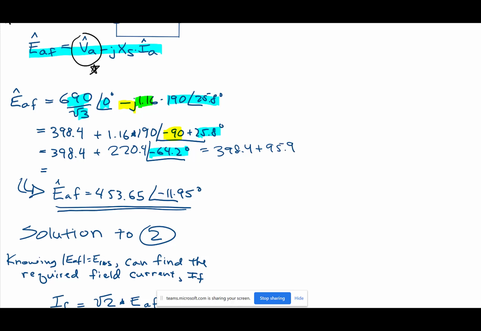And then we've got a negative angle there for the imaginary part. We're going to take 220.4 times the sine of 64.2, and that's 198.4.